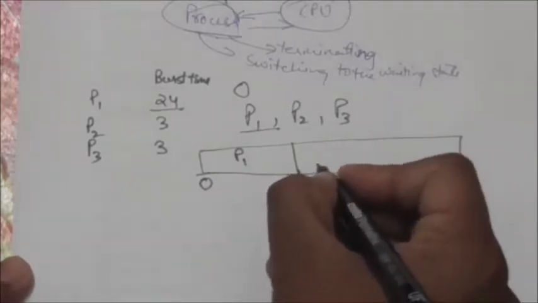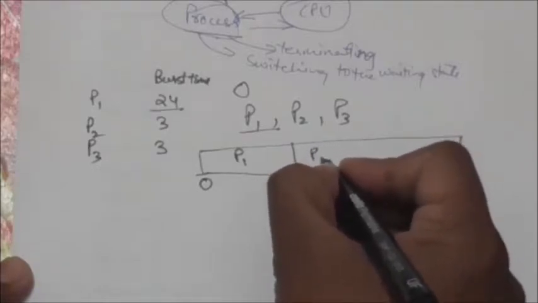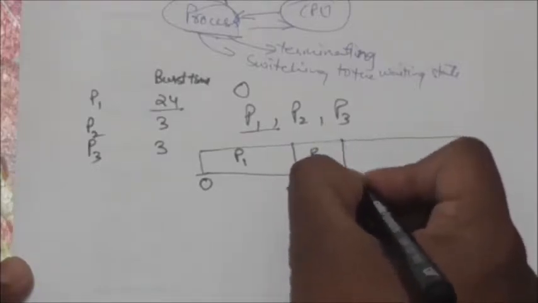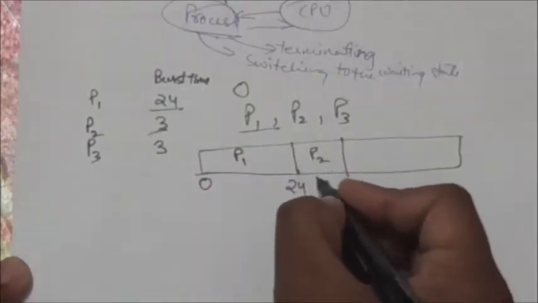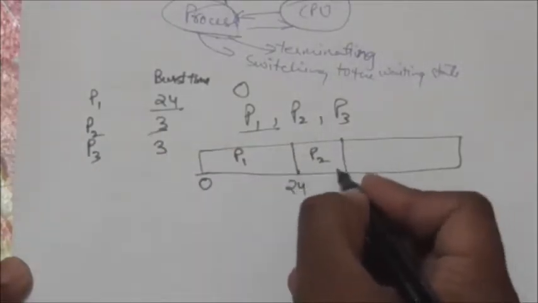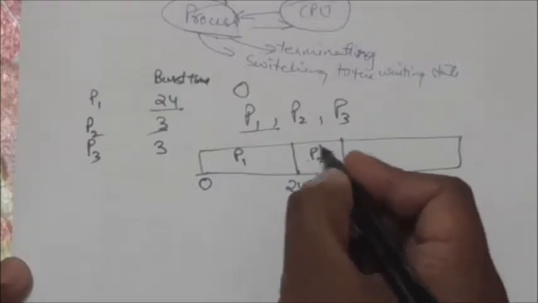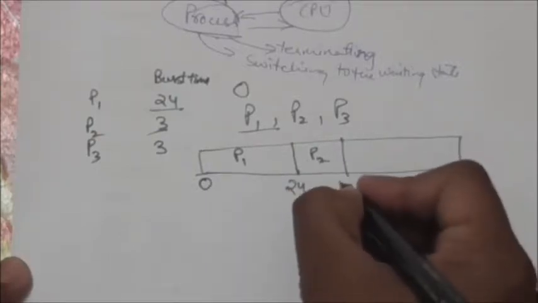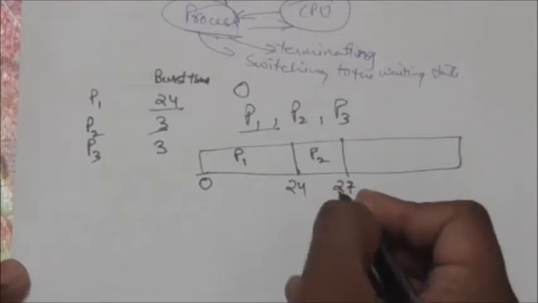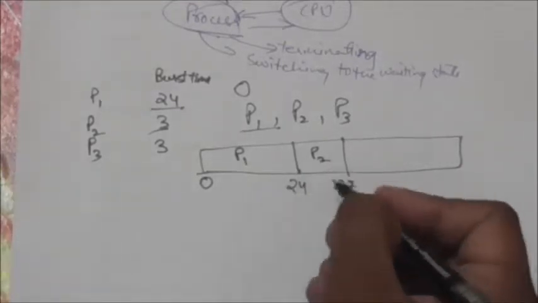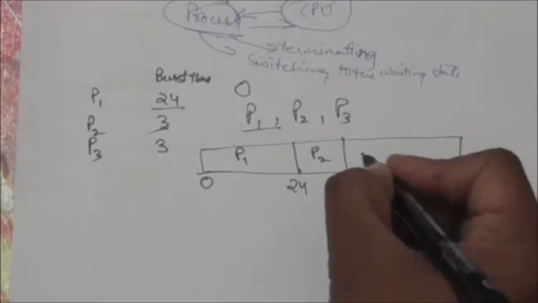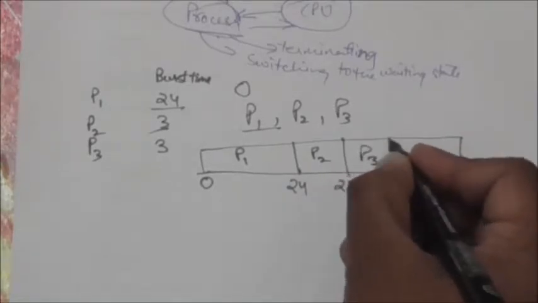And after that, the CPU will be allocated to the process P2. The burst time of process P2 is 3 milliseconds, so up to 3 milliseconds, the CPU will be allocated to process P2. So at time 27, process P2 will release the CPU, and after that the CPU will be allocated to process P3.